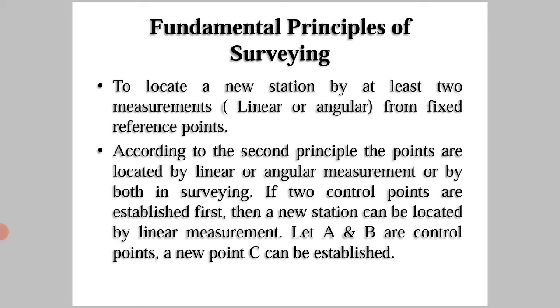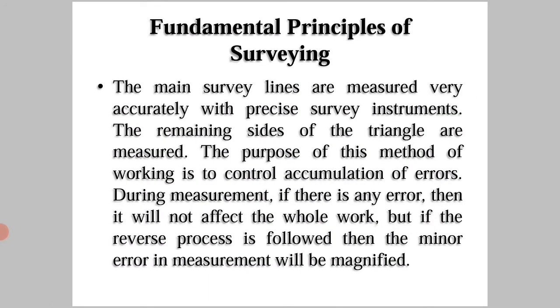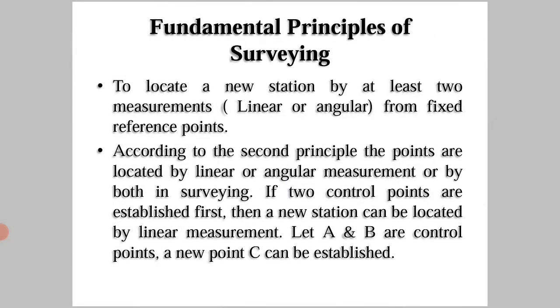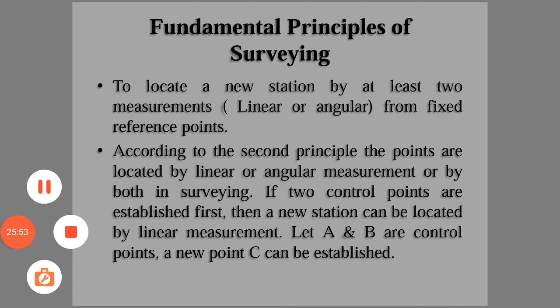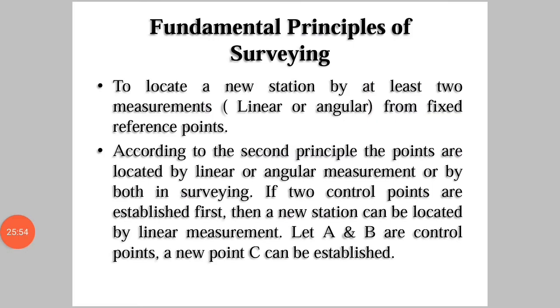If two control points are established first, to locate a new station by at least two measurements, right?